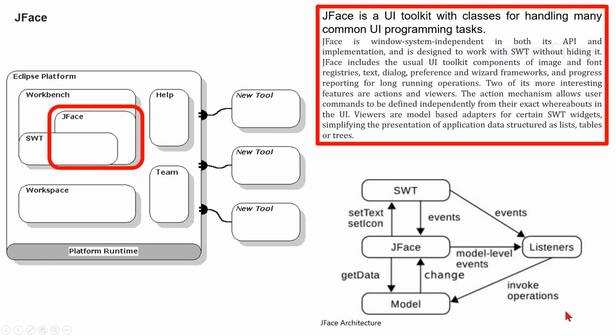Here you can see the JFace architecture. JFace establishes a layer between the application's business logic and the bare bones SWT widgets. JFace uses methods like setText and setIcon to actually display data in widgets, and registers for low-level events as necessary.